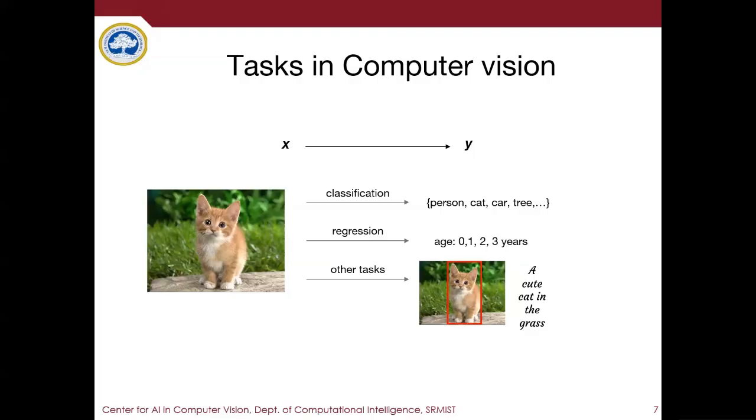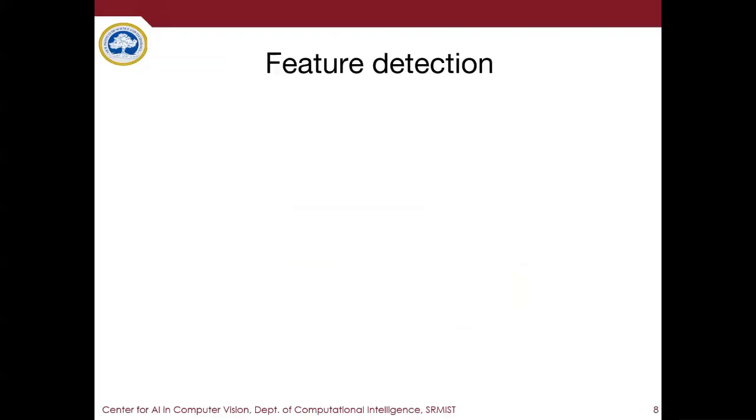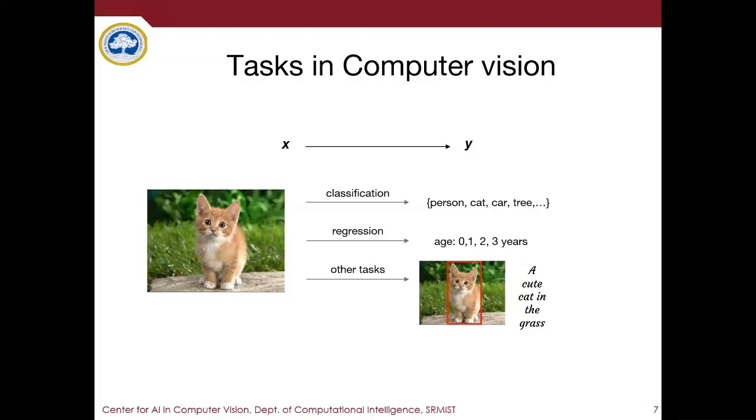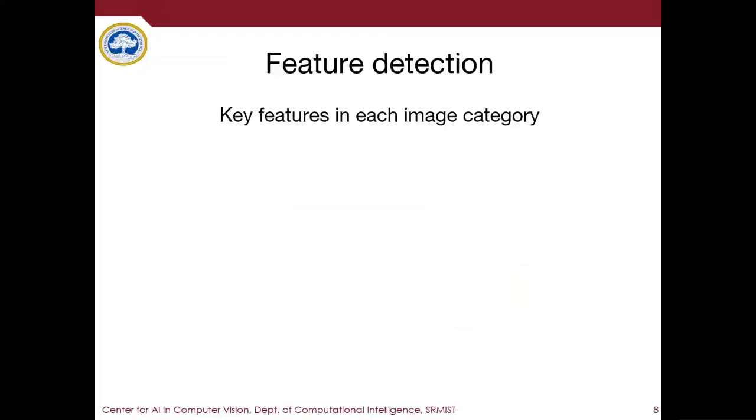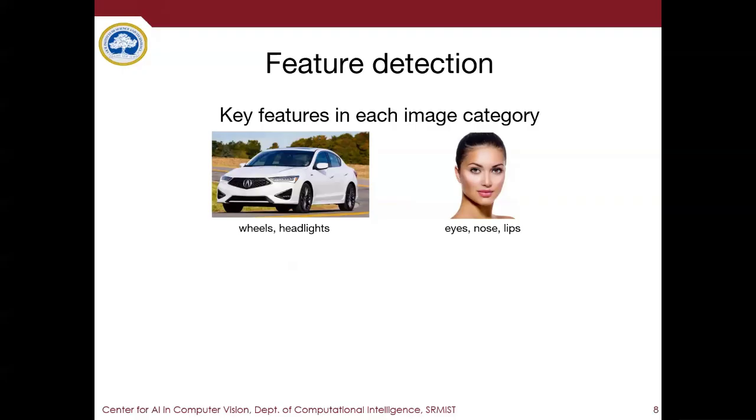For that, let's go back and understand how you are doing all these tasks. What are the basic necessities, and how are you reaching the point of doing these tasks? What is the foundation? The very important prior step is feature understanding, feature detection, feature extraction. What is a feature? What distinguishes an image from another?